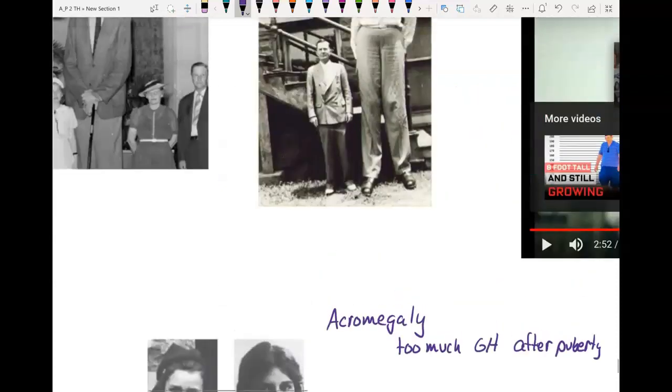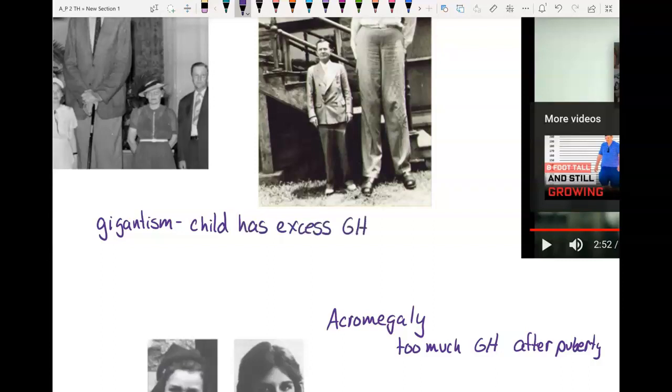So remember with Robert, he was tall as a child. So gigantism is when a child has excess growth hormone. Acromegaly is when an adult has excess growth hormone.